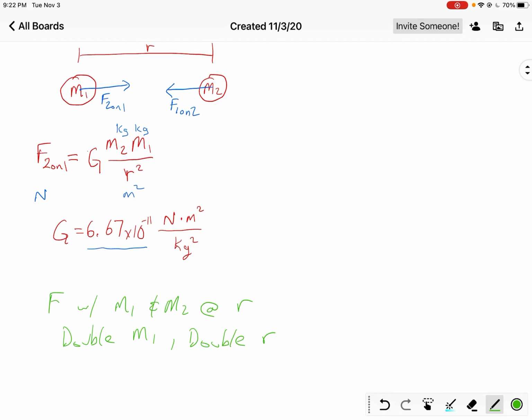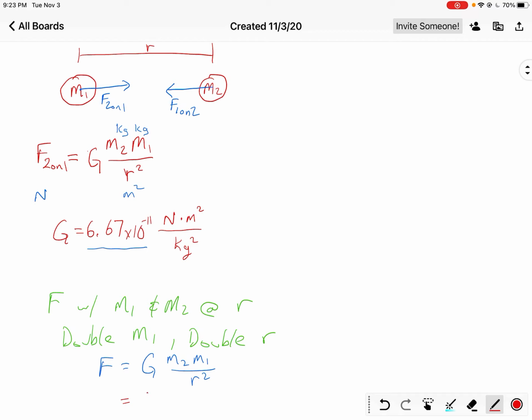So we can use this factor of change analysis tool that we have. The factor of change analysis says that we start with a force, and we know the relationship: it's G M2 M1 over R squared. Then for everything that doesn't change, you plug in a 1, and for everything that does change, you plug in the factor of the change.